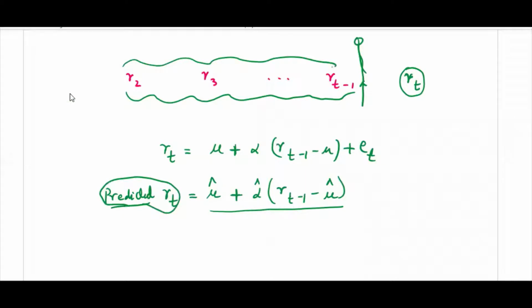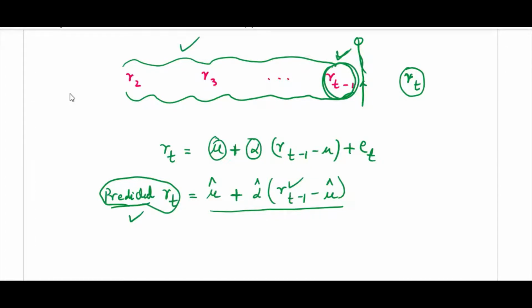We need only this one. You put the value here and then get predicted RT. To get RT, you have to use the T minus 1 value. All other past values will be used to estimate the parameters. So we'll use all these, but in the model itself we use only one, AR1.